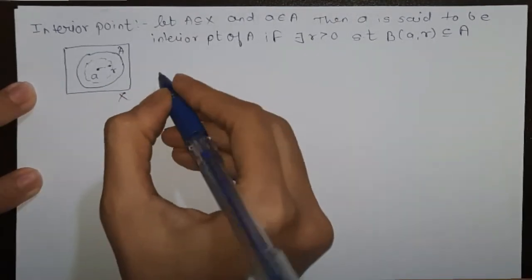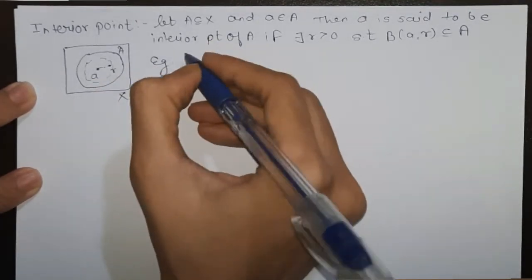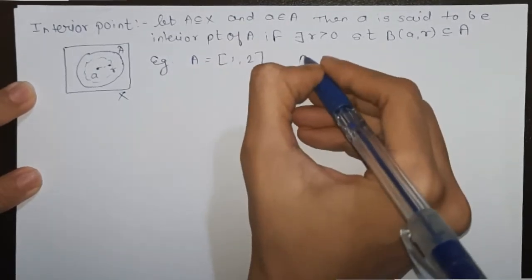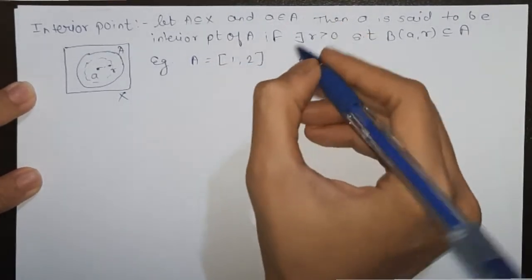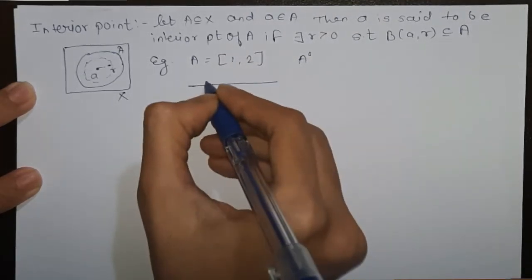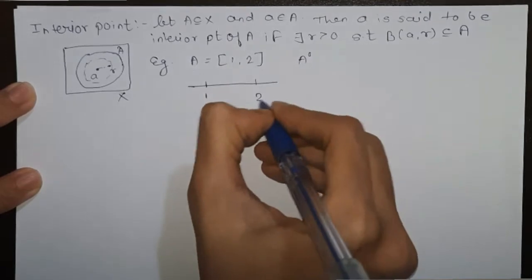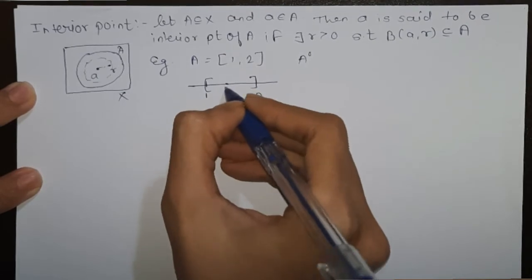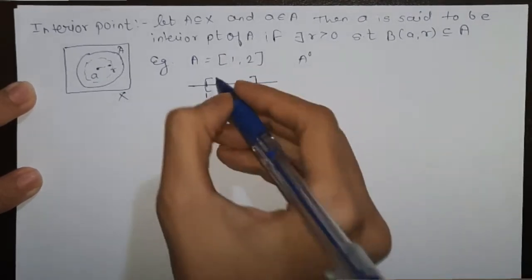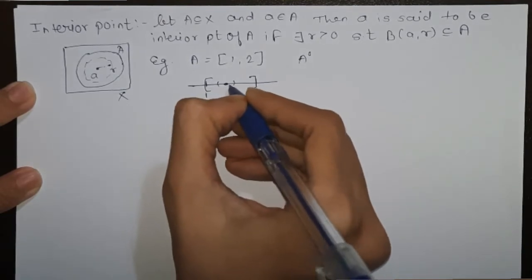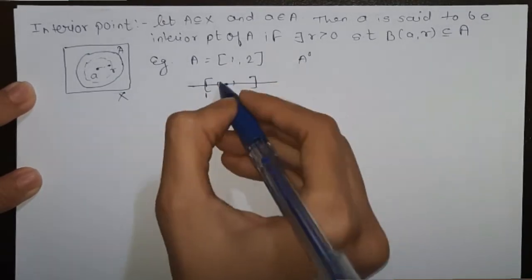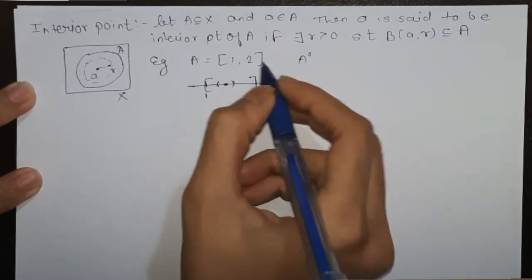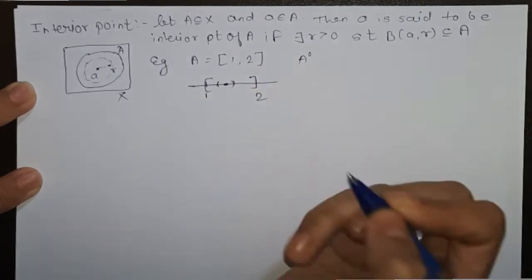Let's take an example. Suppose A is equal to the closed interval [1, 2], then what is the interior of this set? Let's draw on the real line. This is 1, this is 2. If you take a point and take a neighborhood of this point, then this neighborhood is also a subset of the closed interval [1, 2], so this point is an interior point.